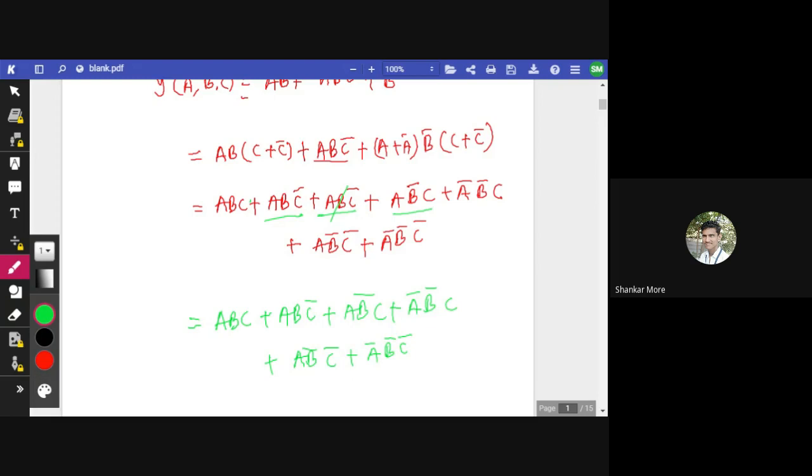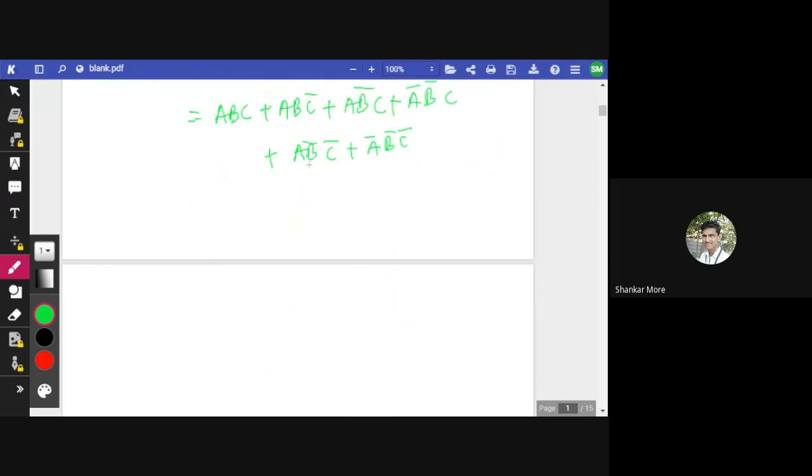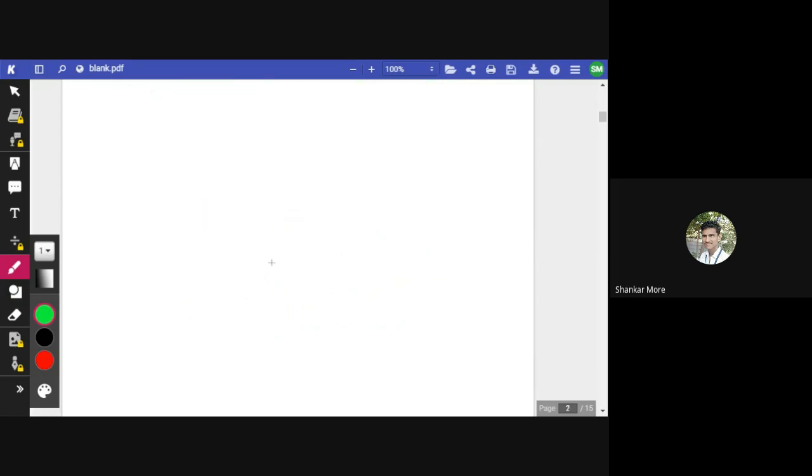Okay, 7 is there, 5 is there. Okay, I guess that's it. That should be it. So we have all the terms, and that is the standard form. We don't need to write anything else extra. So that was the standard form of SOP.